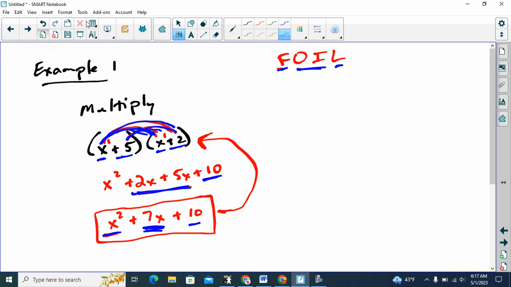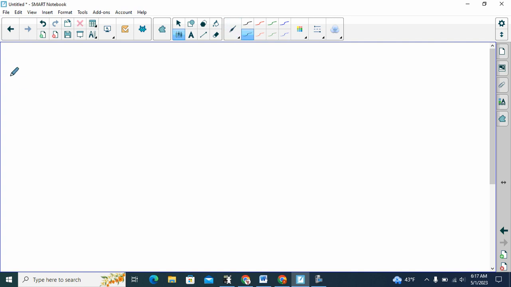So the rule that we're trying to form here is to factor 1x squared plus bx plus c. So we have 1x squared. All the ones we're doing today, we have 1x squared. We don't know what this b and c might be.